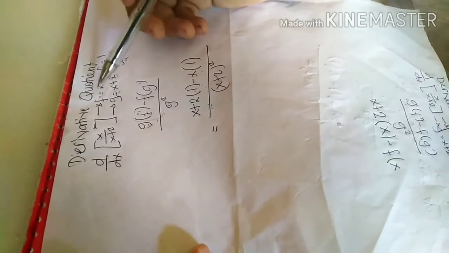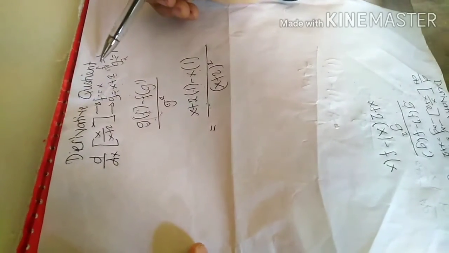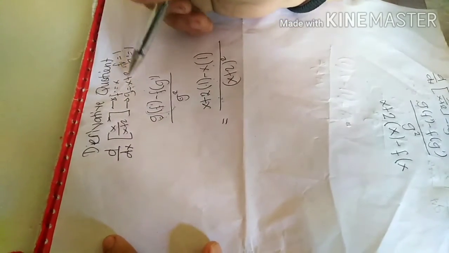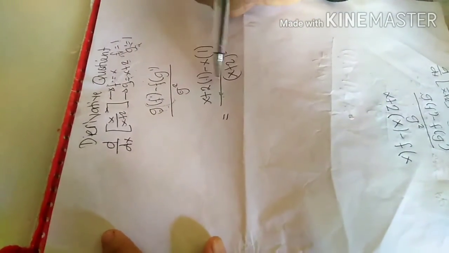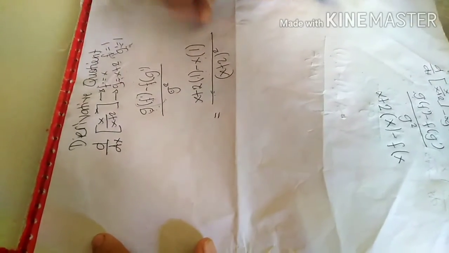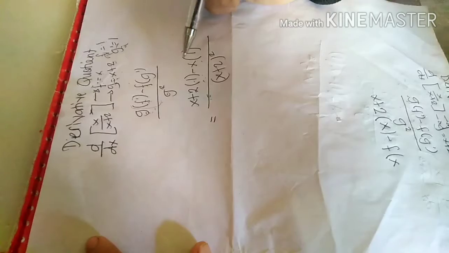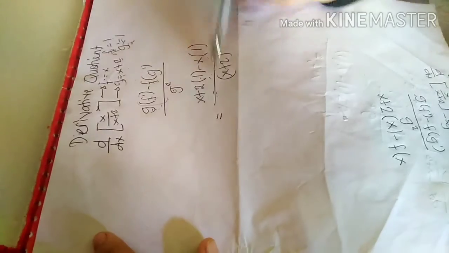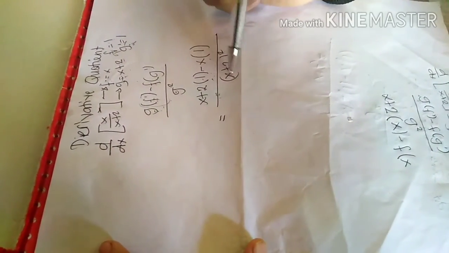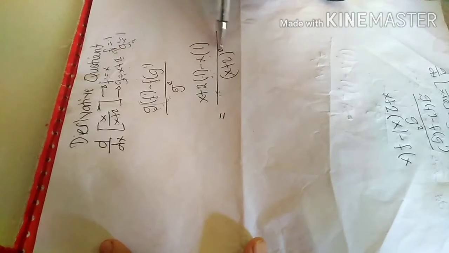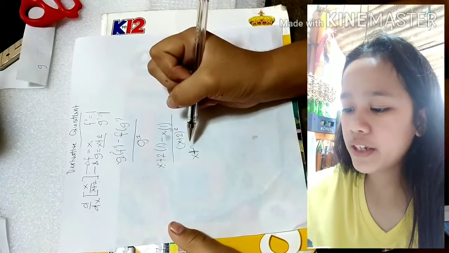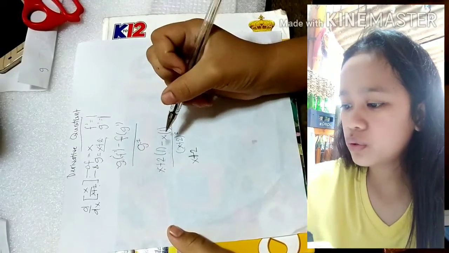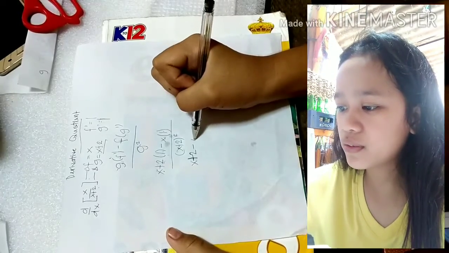So we substitute the values of f and g, f prime and g prime. The value of g is x plus 2 times the value of f prime, which is 1, minus the value of f, which is x, times the value of g prime, which is 1, all over the value of g squared, which is x plus 2 squared. Then we're going to multiply the numbers with parentheses. So x plus 2 times 1 is equal to x plus 2, minus x times 1 is equal to x.